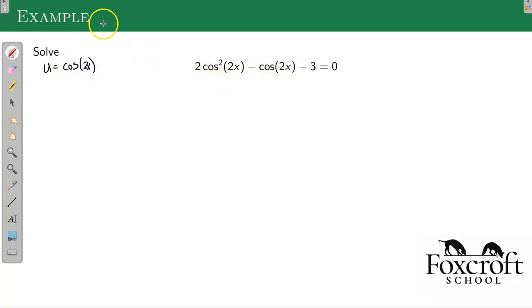So now my problem becomes 2u squared minus u minus 3 equals 0. I want to factor this, so I have to add to -1, multiply to -6. That is -3 and +2. So I do my splitting method.